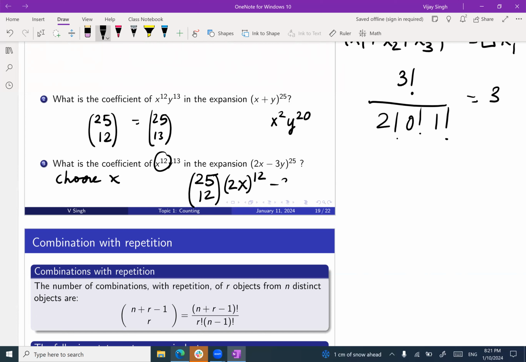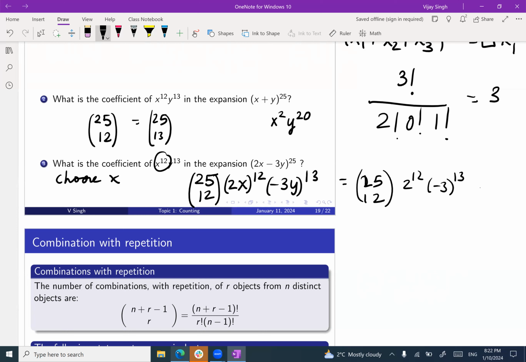And then we have minus 3y to the power 13. This is how this element will show up in the expansion. And then if you just remove x and y, 25 choose 12, 2 to the power 12, minus 3 to the power 13. This is the coefficient of that guy.